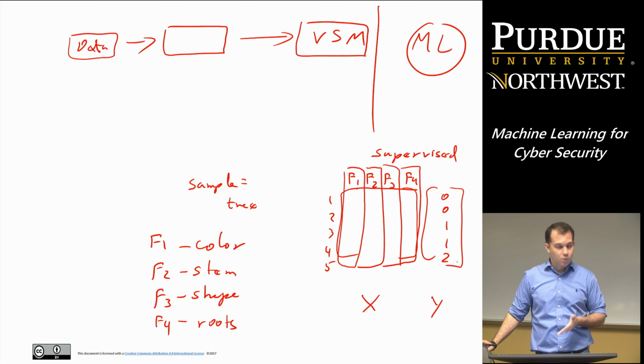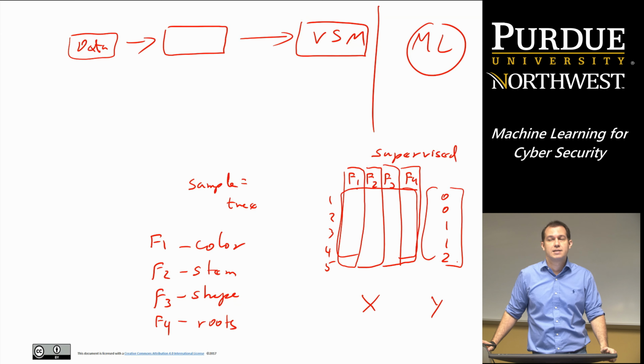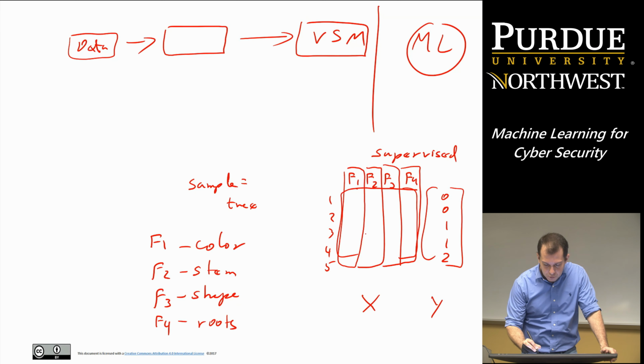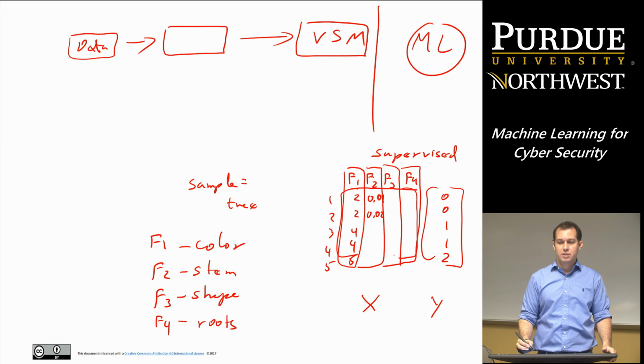What I just created here is a data set that's perfect for a machine learning algorithm. Now these values here should be numbers. So it should be like 2, 2, 4, 4, 5, or it can be 0.01, 0.02, but you don't want to have words. You don't want to have like L and R. If you do have that, you're going to encode it into a number.